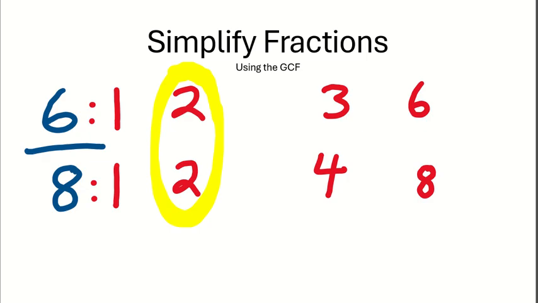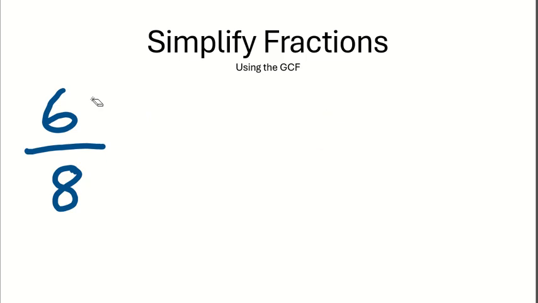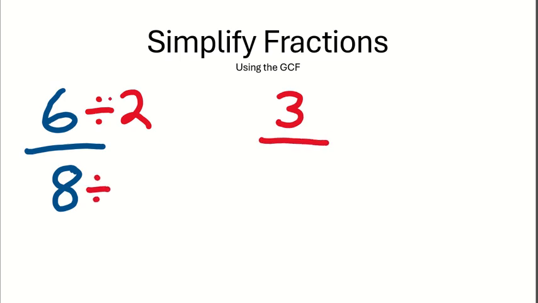Now we can use the greatest common factor of 2 to simplify this fraction by simply dividing the top and the bottom number by 2. So let's do that. We got 6 divided by 2 is 3. And 8 divided by 2 is 4.